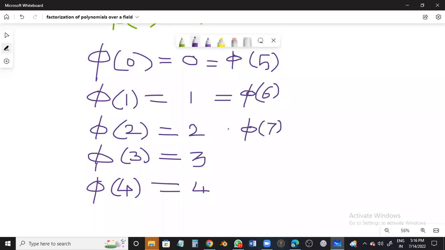Phi of 7, phi of 8. Do you agree it is 4? Okay. Now, my question to you is, what is phi of 123?